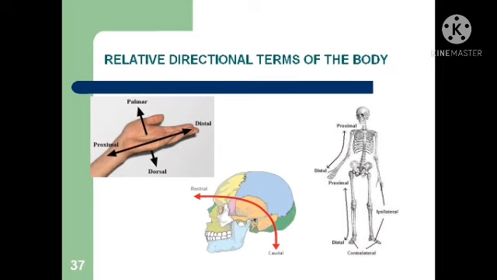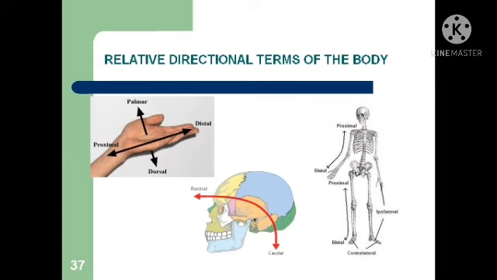In these three diagrams, you can see the appendicular skeleton and the axial skeleton. The appendicular skeleton is the skeleton of the upper and lower limb bones, and the axial skeleton is the bones of the skull, the thoracic region, and the vertebral column.